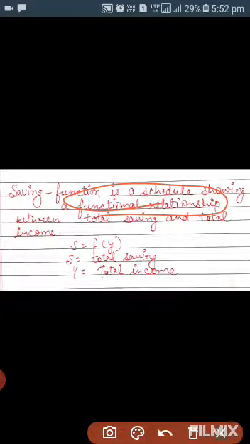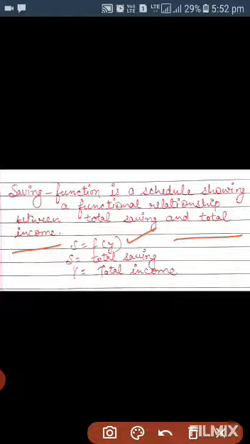And see, the saving function is a schedule showing a functional relationship between total saving and total income. It means saving is a function of income.